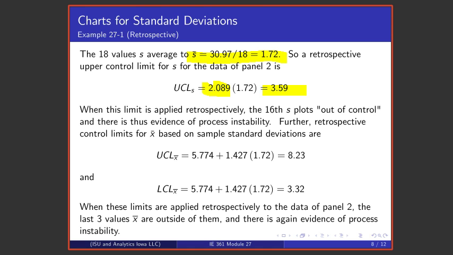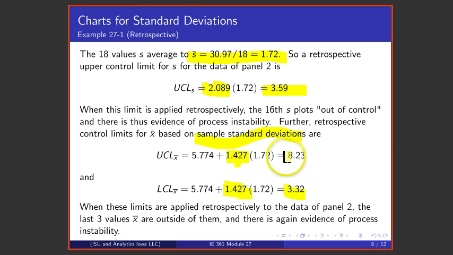Further, if one was going to make retrospective control charts for X bar based not on ranges but on sample standard deviations, there's the value of A3 for a sample of size 5.